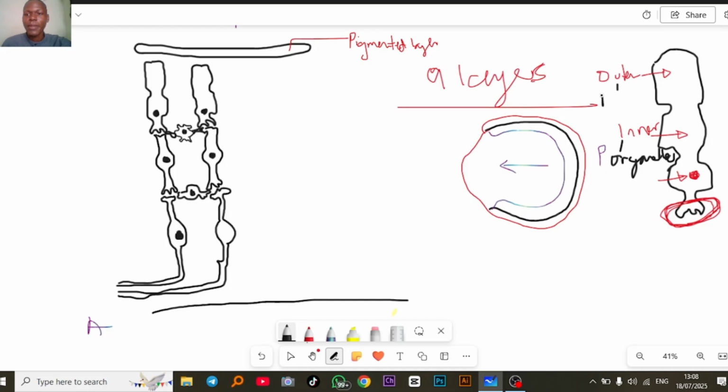If we are talking about rods, we will talk about rhodopsin. If we are talking about the cones, we talk about the photopsins, the opsins responsible for color vision. Then the cell body contains just the nuclei, and then the synaptic part. Those are the parts of the photoreceptor cells.